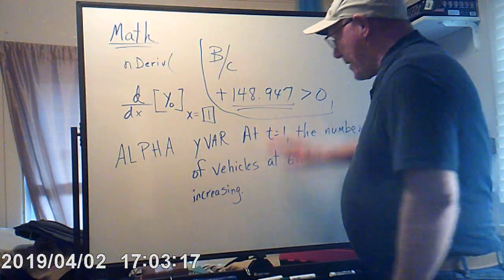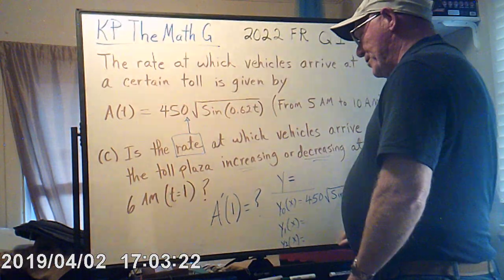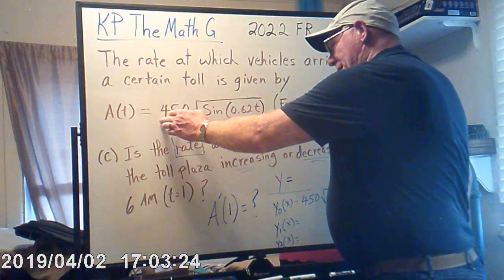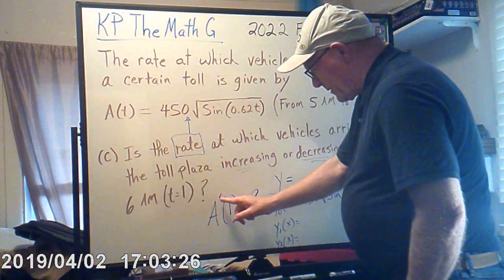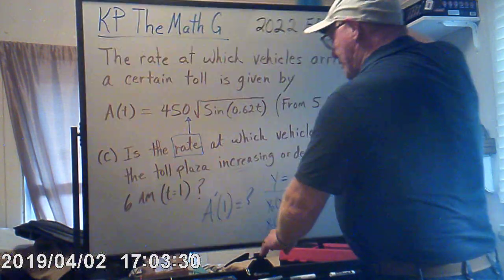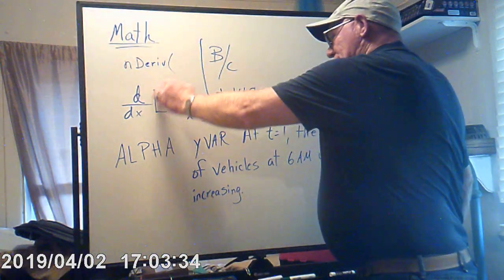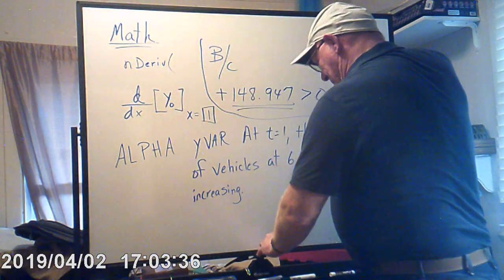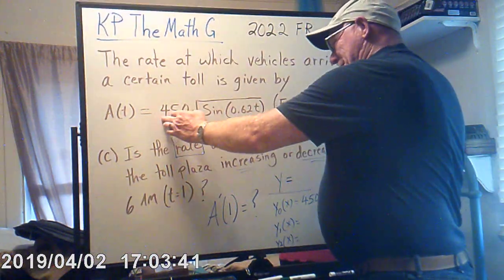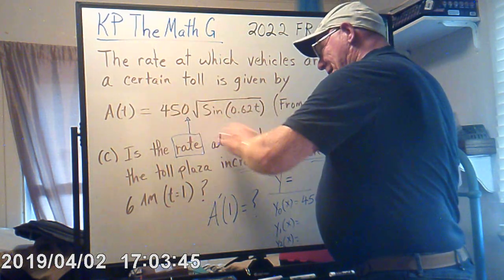But needless to say, the general idea, once again, is when you see the rate, you're taking the rate of this. That means you're looking at A prime at 1. So if you can figure out how to store that into Y0 or Y1, put this in exactly, okay?